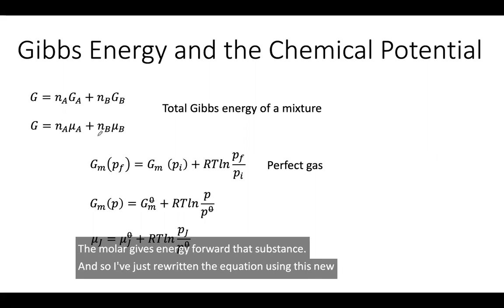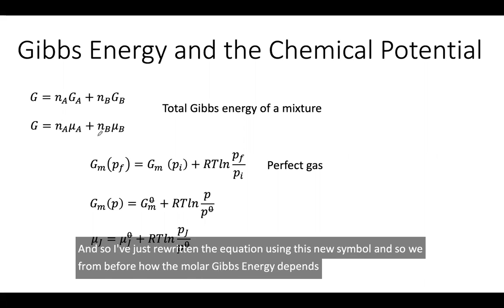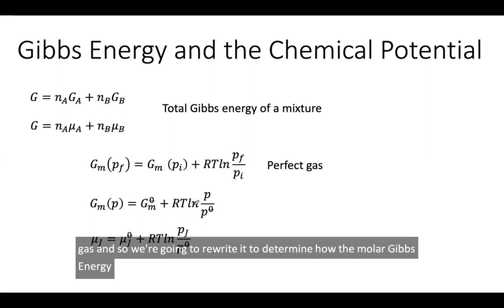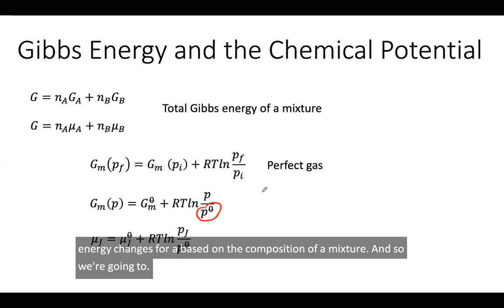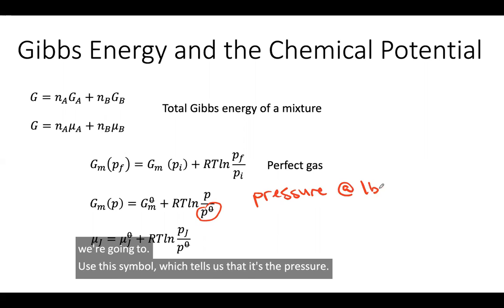And so we know from before how the molar Gibbs energy depends on the pressure for a gas. And so we're going to rewrite it to determine how the molar Gibbs energy changes based on the composition of a mixture. And so we're going to use this symbol, which tells us that it's the pressure at 1 bar.